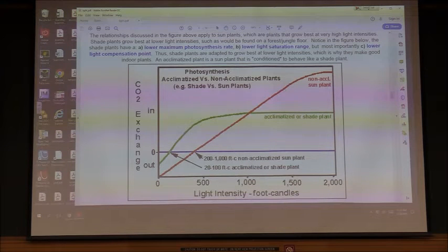If I ask you a discussion question, you're not going to give me just the final answer, but you're going to tell me how you got to that final answer. At high light intensity, a sun plant's maximum rate of photosynthesis is above that of a shade plant. Okay? Which is why a sun plant can outgrow a shade plant in the sun.